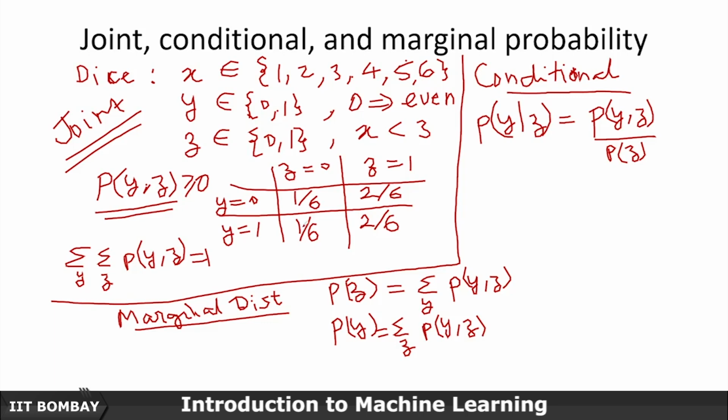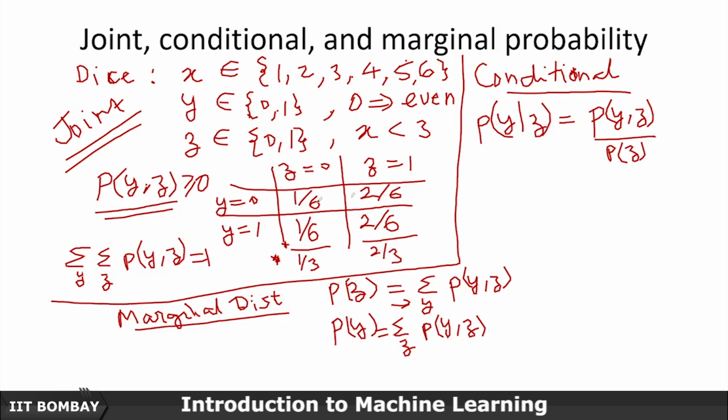Now, where does this come from? If we come back to this table for the joint distribution, we are summing over all possible values of y, which means y is equal to 0 and y is equal to 1. If we add these up, we get 1 by 6 plus 1 by 6, which is 1 by 3. Here, if we add these up, we will get 2 by 3.